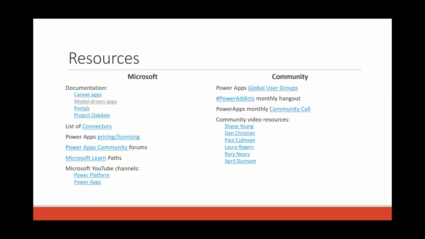And the connectors documentation is really quite good and shows you, for each connector, what all its parameters are, any kind of limitations or delegation issues, which we're going to talk about a little bit later, the different functions that can be used with them, and so on. So that's a really good resource.